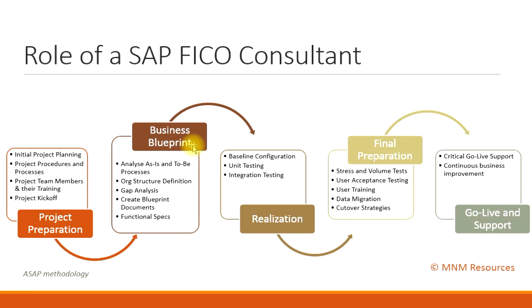Next stage is very important, and I would say one of the most critical stages is the business blueprint. This is the design of your whole SAP implementation. So in business blueprint, you're going to discuss with the users and analyze what is the current system doing and how do you want to go forward in SAP.